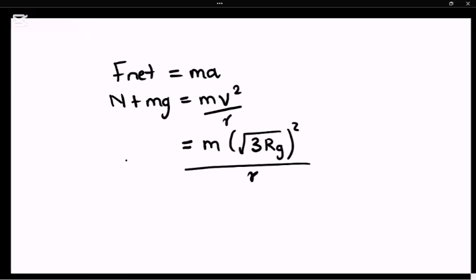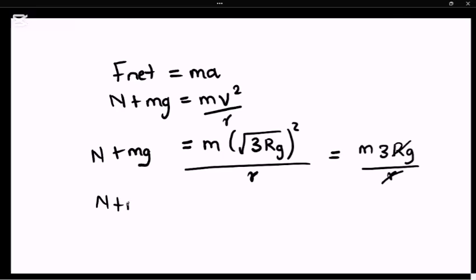And when you are substituting now, the exponent 2 in v will cancel with the square root, which will then give you m3rg all over r. Your denominator r and your numerator r will cancel, which means N plus mg will be equal to 3mg. So you take mg to the other side, which will make N equal to 3mg minus mg. At the end, your N will be equal to 2mg.